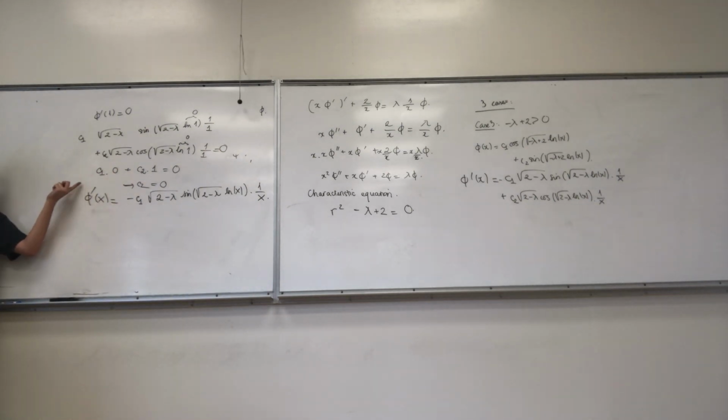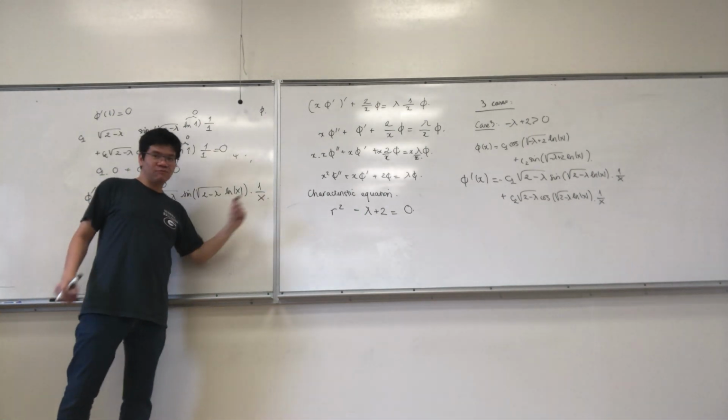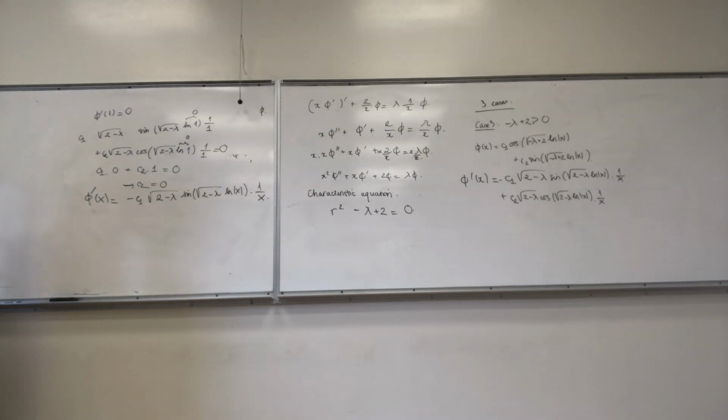So after replacing the first boundary condition, I get C2 is 0, which means that phi prime of x is minus C1 square root of 2 minus lambda sine of this guy over x. So what is next? What are the other boundary conditions?